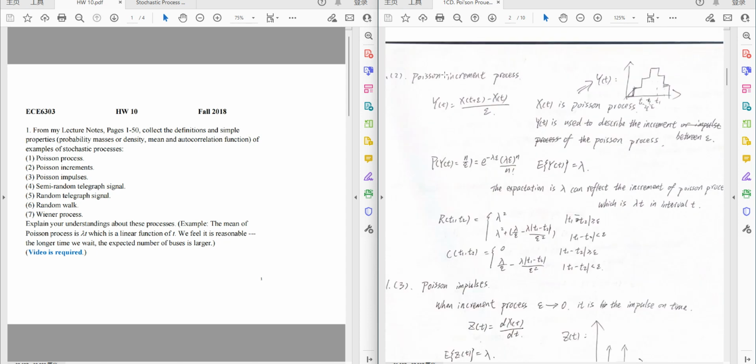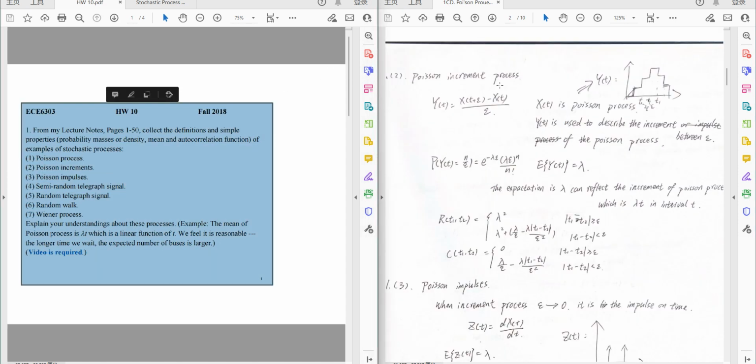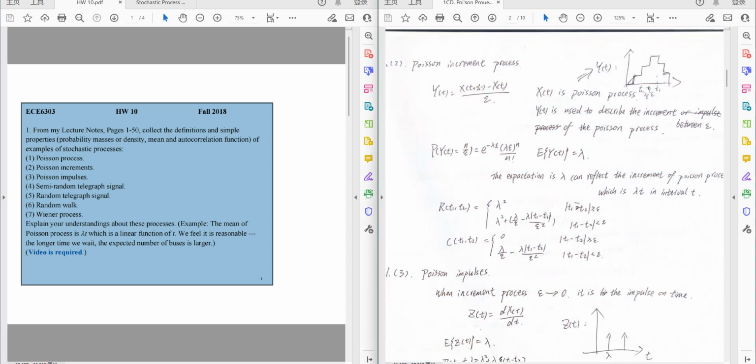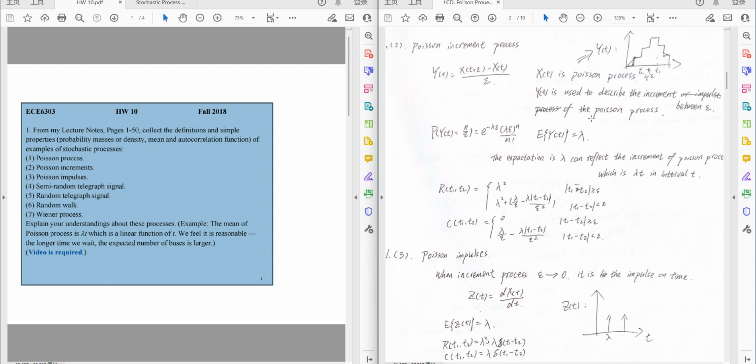All right. The second one is the Poisson increment process. This process is used to describe the increment. We take the later value minus the present one and divide by the gap. Its definition is similar to this. We can get the probability from this, and also get the expectation, which is lambda.